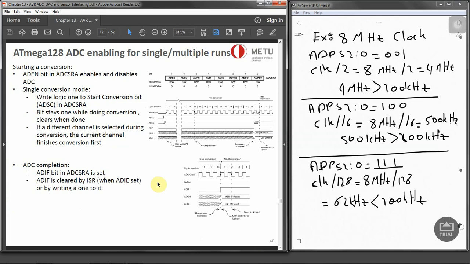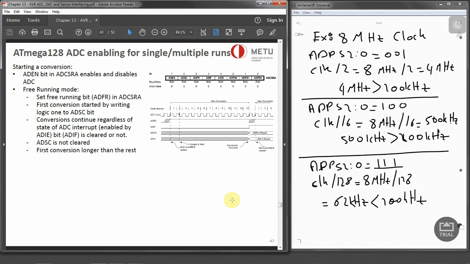Either we poll and check the interrupt flag, or we wait for the interrupt flag if we set the interrupt enable, so that the ISR can clear the flag and go back to the normal conditions. And this can be seen from here, that the interrupt flag comes in after the 13th cycle. Then it puts the data on the ADCH and ADCL.